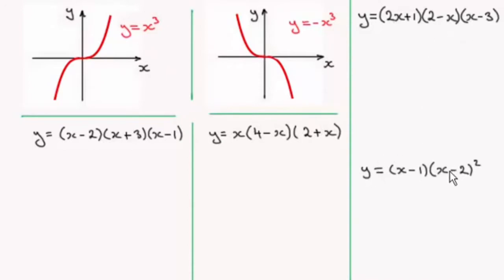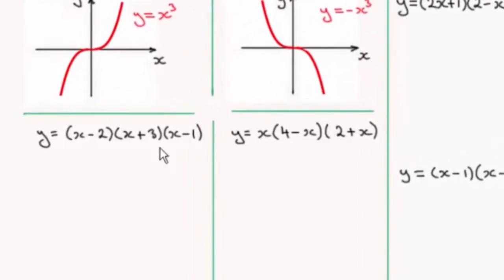The first thing I would do is look at what type of term we've got for x cubed. Is it a positive x cubed or a negative x cubed term? With this first one here, I notice that if we take x times x times x, we're going to get x cubed in the expansion, a positive x cubed.